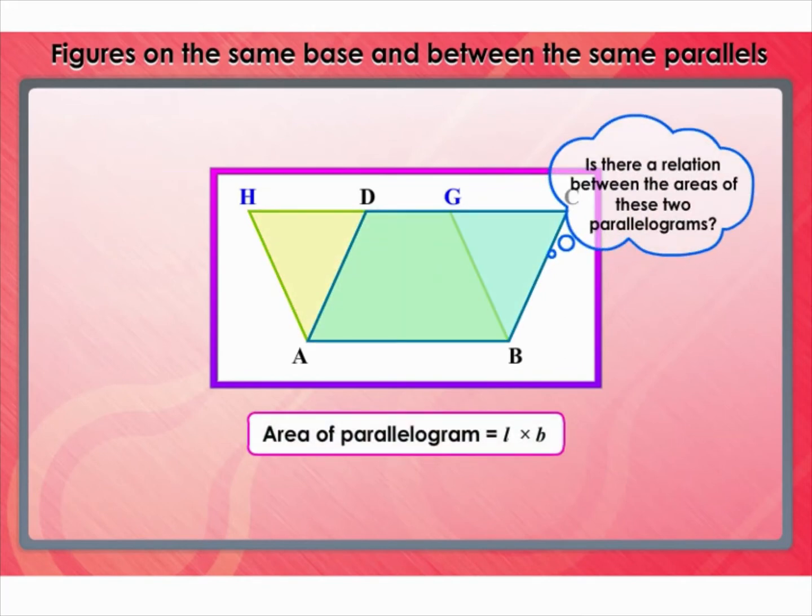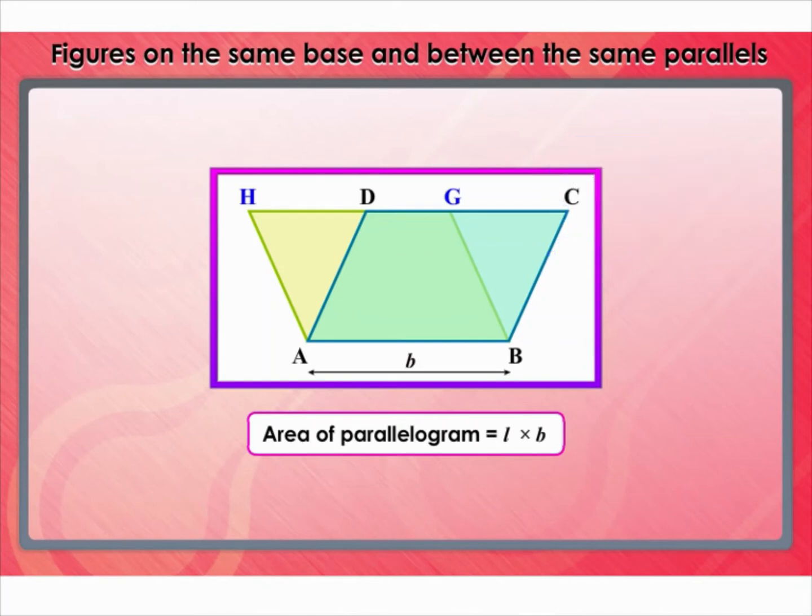Can you find if there is a relationship between the areas of these two parallelograms? We know that the area of a parallelogram is the product of the base and the height. In the figure, the base of both the parallelograms is AB. We'll name it as small b. Since both the parallelograms lie between the same parallels, the heights of the parallelograms are equal.